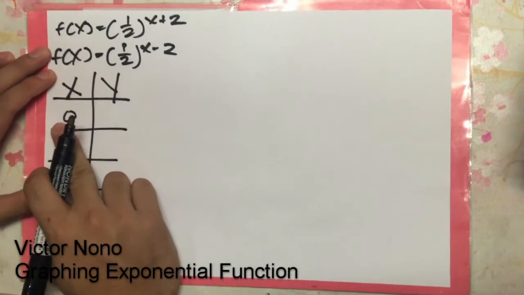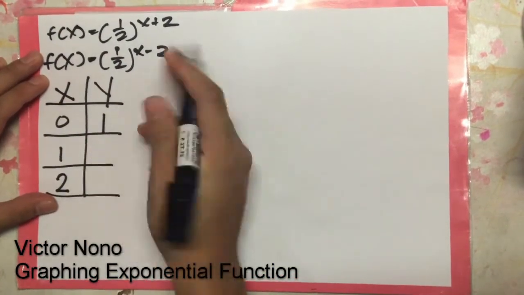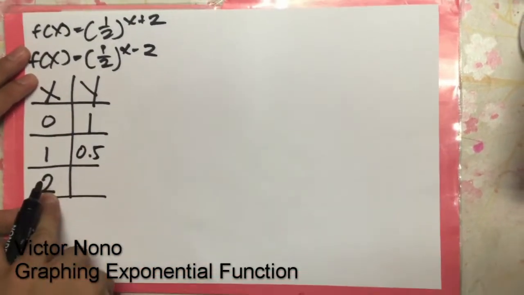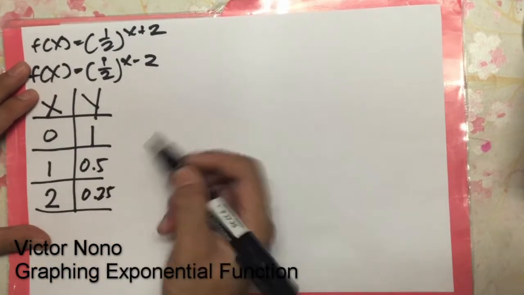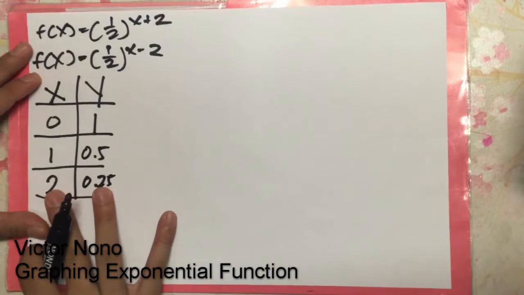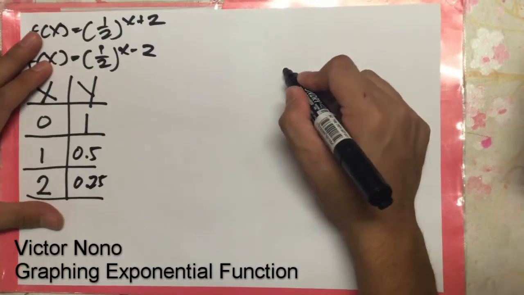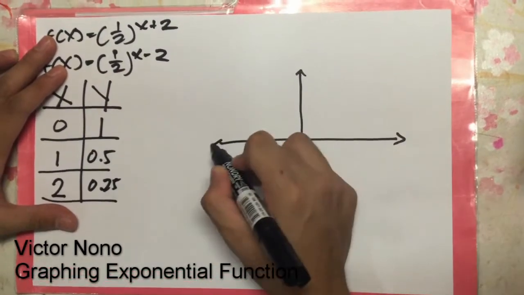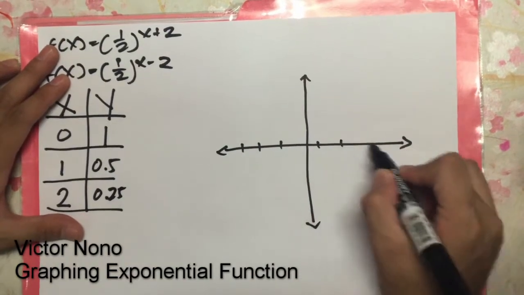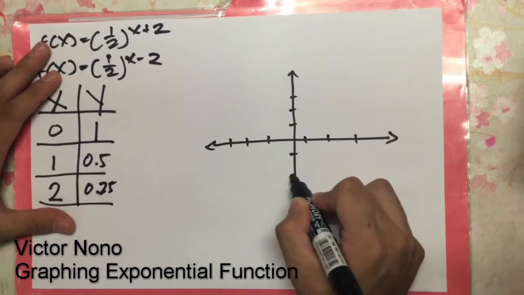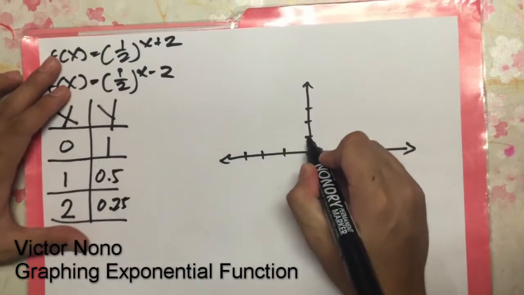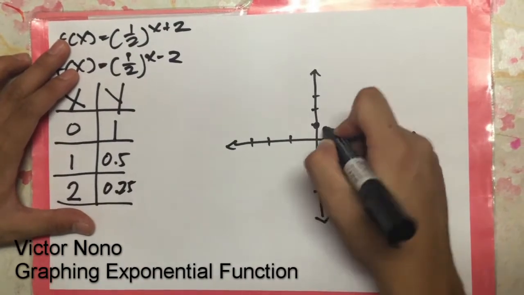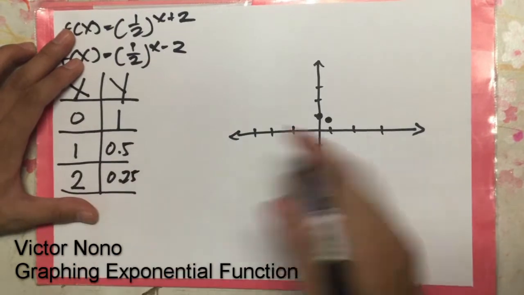If you substitute 0, we will get 1. If you substitute 1, we will get 0.5. If you substitute 2, we will get 0.25. So this is the original graph. So let's graph 0 and 1; 1 and 0.5; 2 and 0.25.